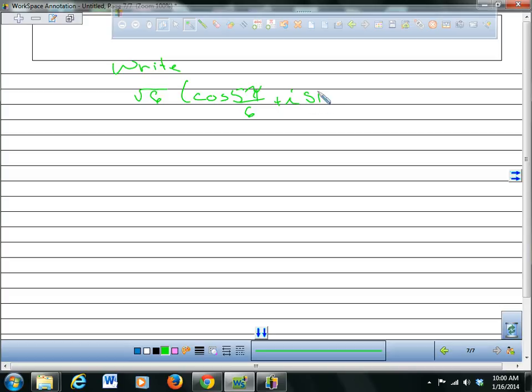You put the i first, so you don't think that the i is underneath the square root sign. So i sine of 5 pi over 6, in a plus bi form, meaning standard form. Sometimes they call this a plus bi form, or sometimes they call that standard form. I think in the book they call that standard form.